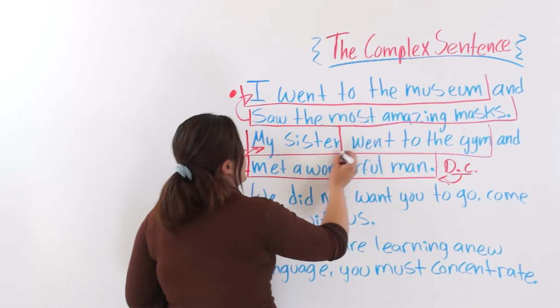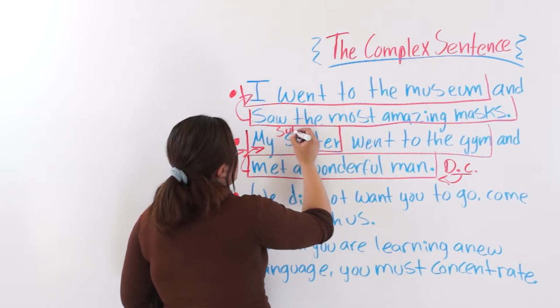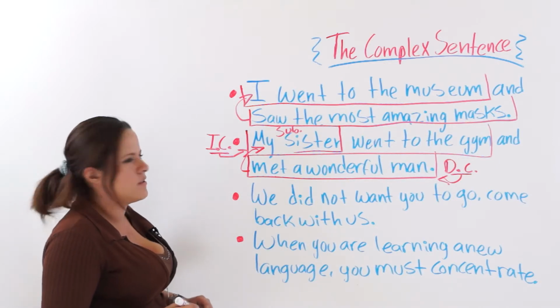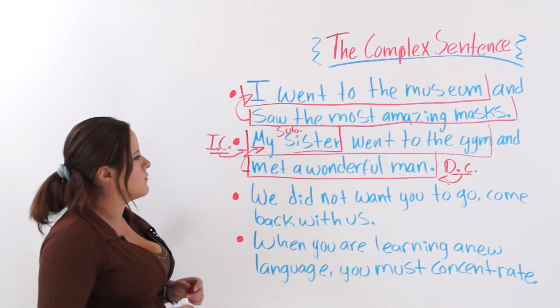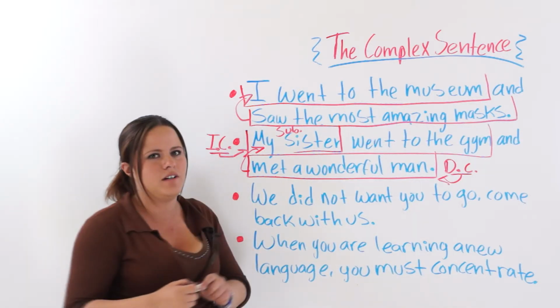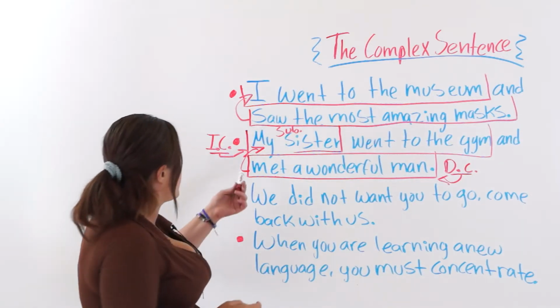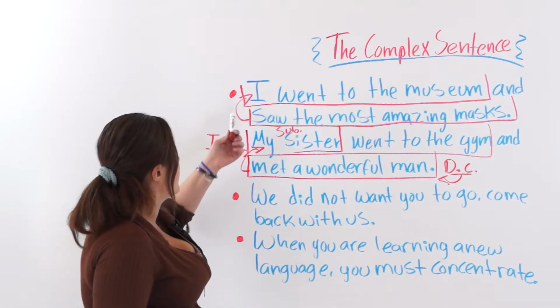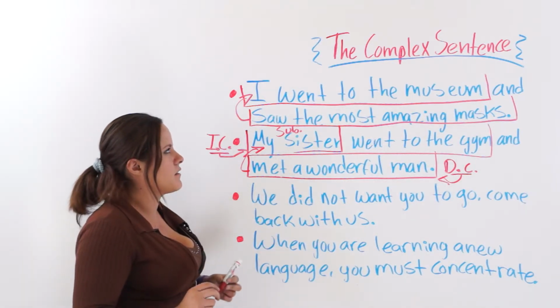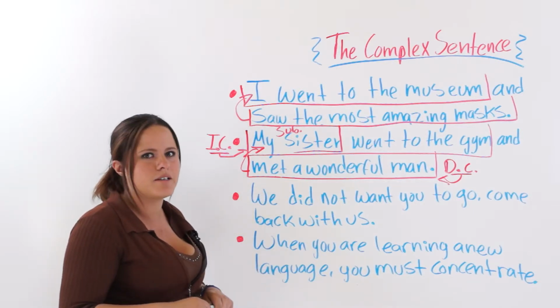My sister, right? Because if you only say met a wonderful man, you would say, huh? Who met a wonderful man? My sister, all right? So this is a complex sentence. And if you added another dependent clause, it would still be a complex sentence.